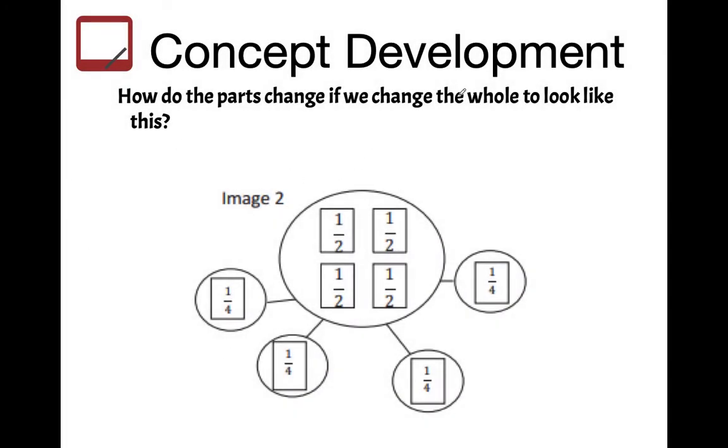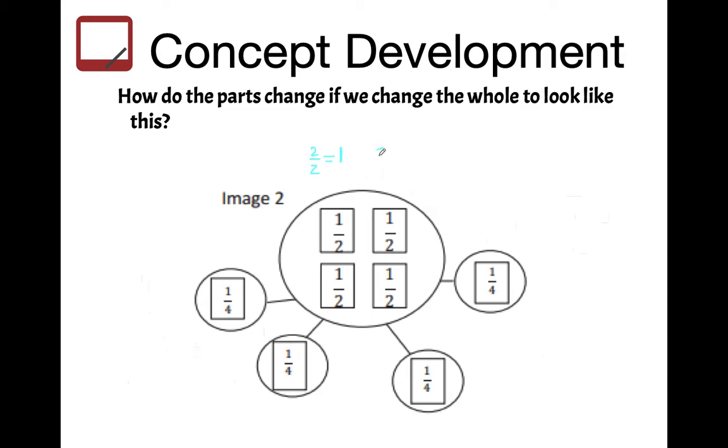Now, how does it change if we change the whole to look like this? What is now happening? What did I add in the middle? If you look carefully, I now have 4 halves, right? And we know that 2 halves is equal to 1.